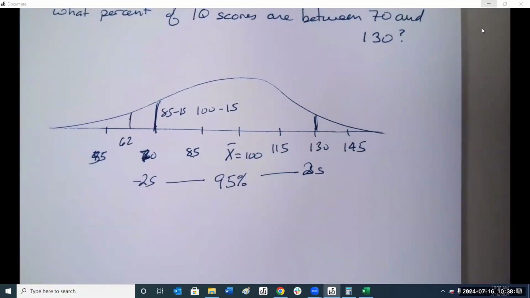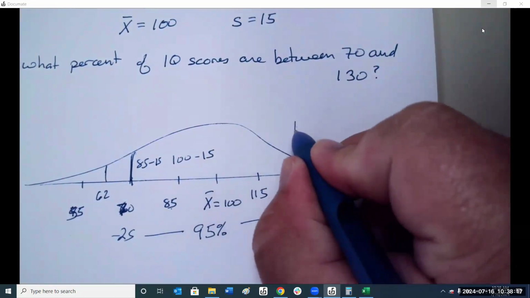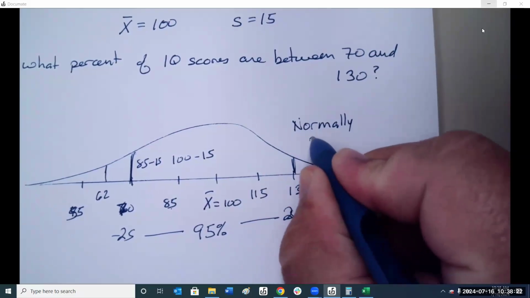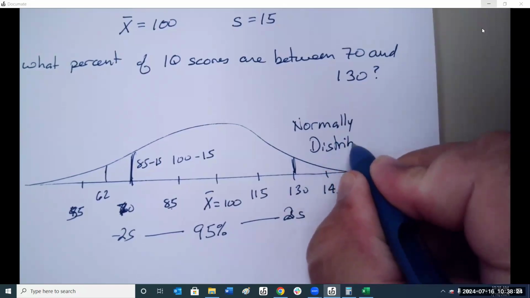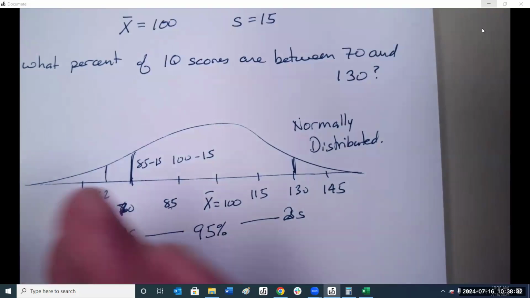What if it's not a bell curve? Okay, first off, when we use the bell curve, we call that normally distributed. So I can say we have a bell curve or the data is normally distributed, which means it fits in a bell curve.